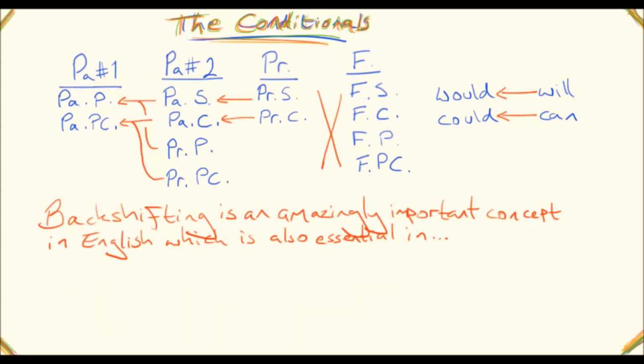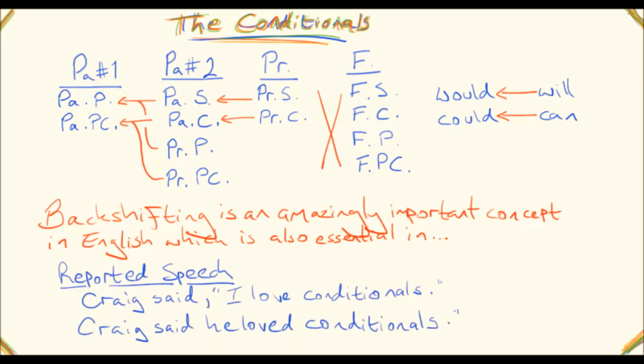Another grammatical area that it's used in is reported speech. Well, if Craig said, direct quote, I love conditionals, and actually, sadly enough, it happens to be true, to report that speech, Craig said he loved conditionals. So what I said was in the present simple, and I've backshifted to the past simple. Let's take another example of how that works.